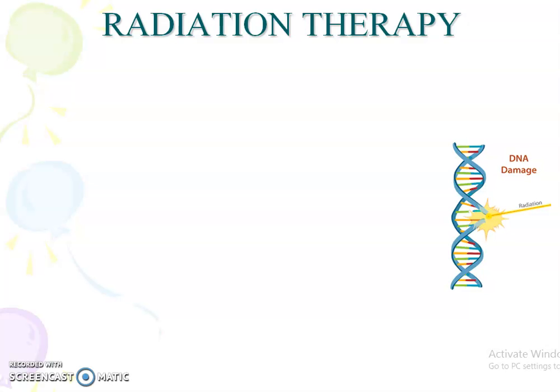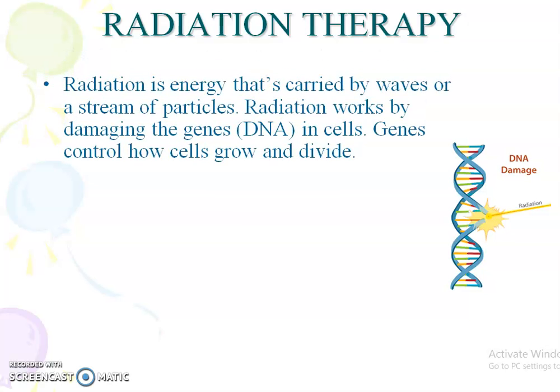Then what do you mean by radiation therapy? Let us discuss the meaning of radiation therapy. Radiation is the energy that is carried by waves or a stream of particles, and this energy works by damaging the genes or the DNA in the cells. Genes are the controlling center which determines how the cells will grow and divide.